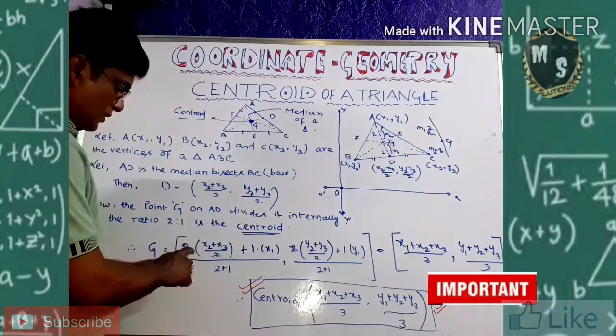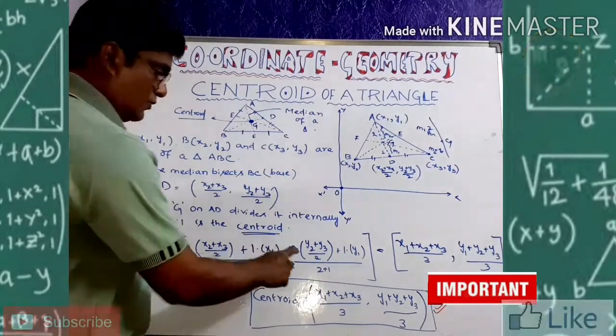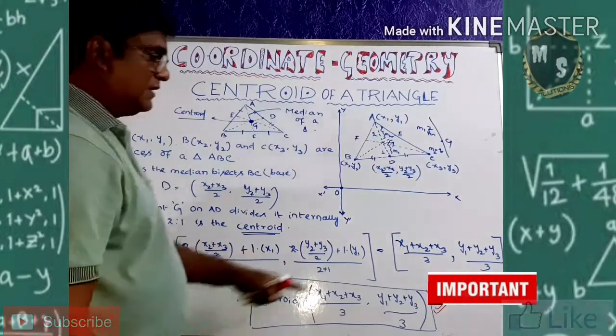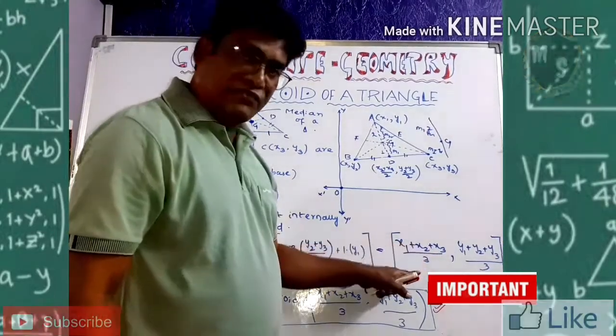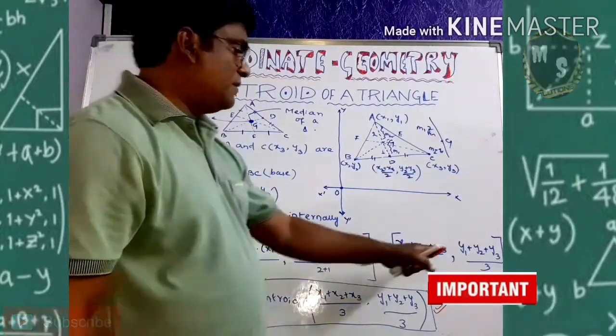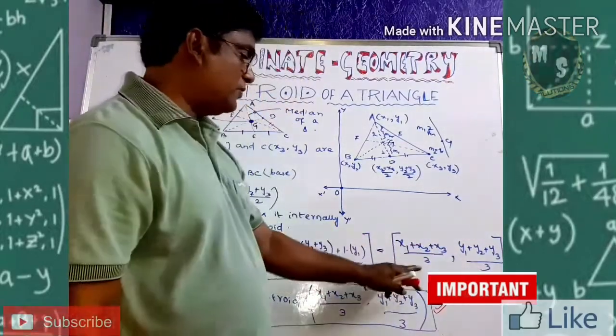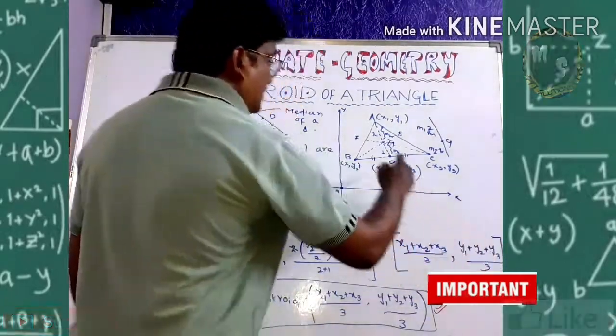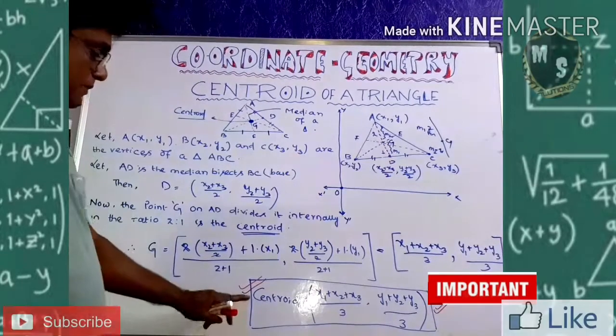Now this 2 and 2 cancel. Now it becomes x1 plus x2 plus x3 by 3, and the y coordinate is y1 plus y2 plus y3 by 3. Don't forget to write 3 by 3. So this is the G point coordinates. G point means centroid.